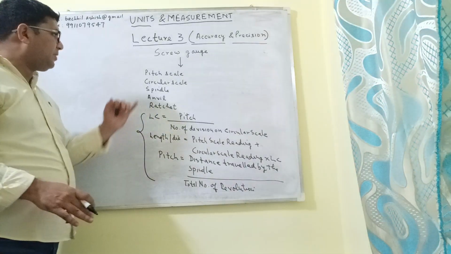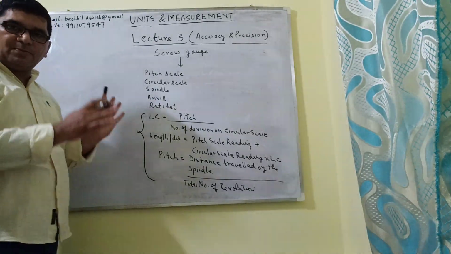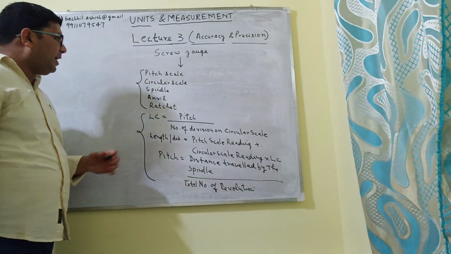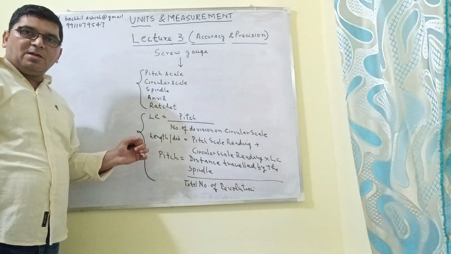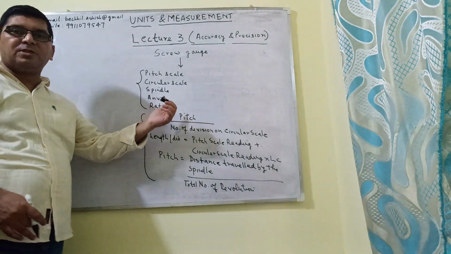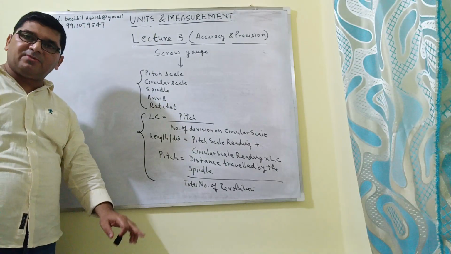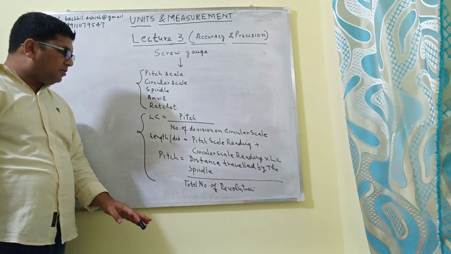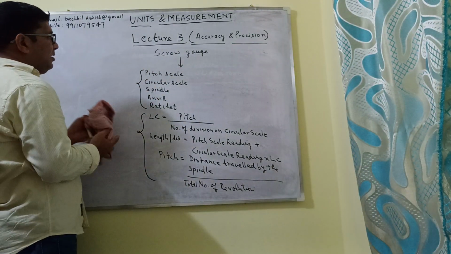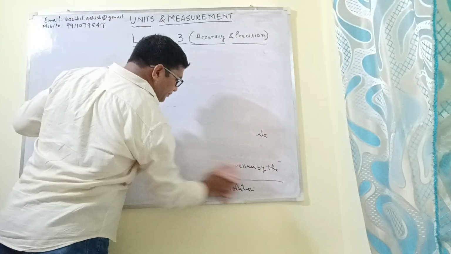There are other parts also, but because it's a brief session, I am just discussing the major parts, and I hope you have understood. Now we will understand the working of the screw gauge and the vernier caliper with the help of a couple of questions which I have with me. So let's start directly with those questions.